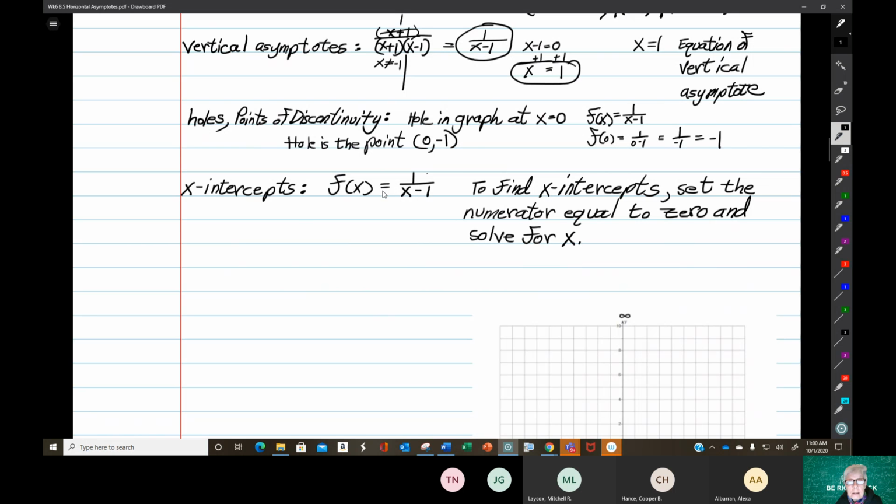There's no x in my numerator. I can't solve for x. Oh dear. That means I don't have any x-intercepts, which means that the graph will not be crossing the x-axis.